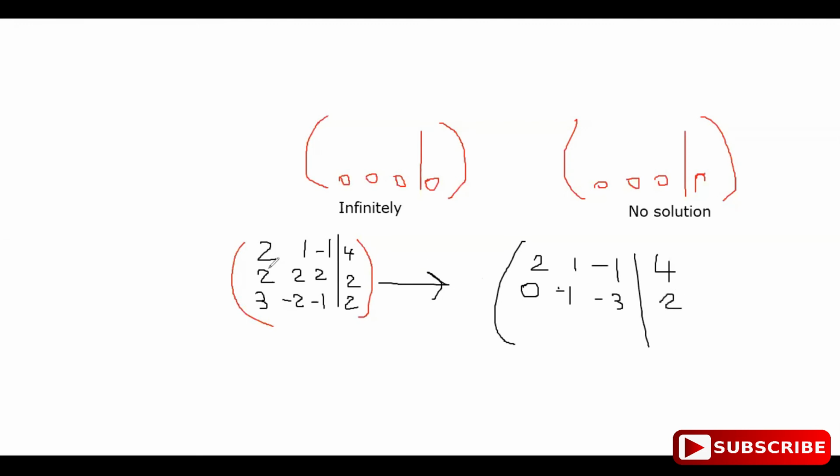Then I need to get a 0 right here. So now I'm going to say 3 row 1 minus 2 row 3. When I do that, 3 row 1 is 6, and 6 minus 6 is 0.